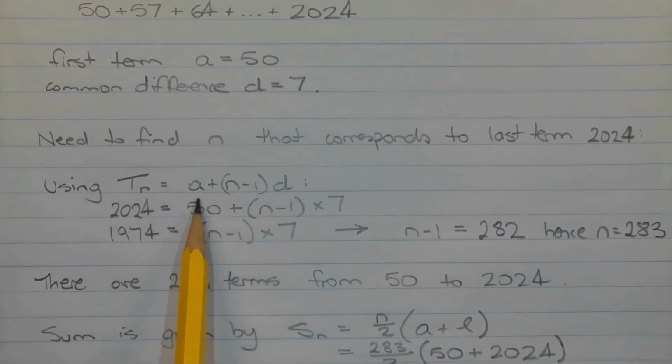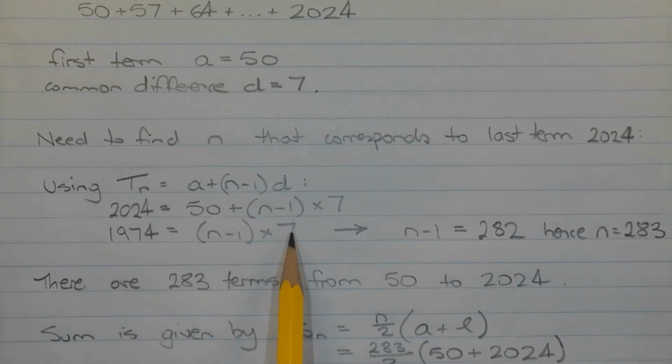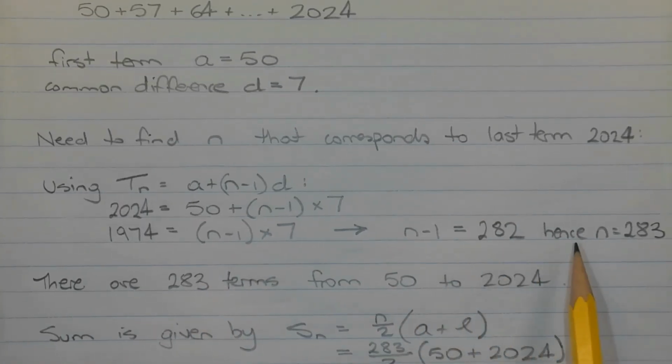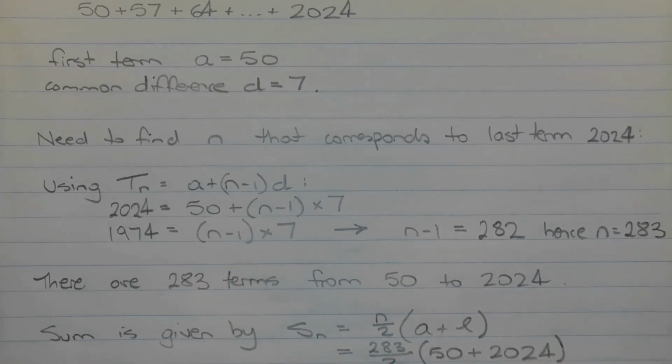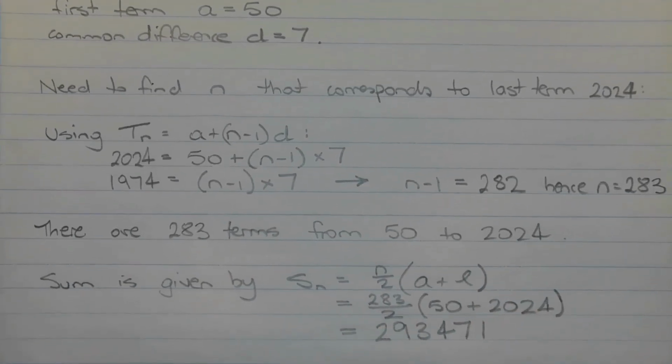Now subtracting 50 from 2024, we get 1974 is equal to n minus 1 in brackets times 7. Dividing 1974 by 7 to isolate n minus 1, we get n minus 1 is equal to 282, hence n is equal to 283. This means there are 283 terms from 50 to 2024.